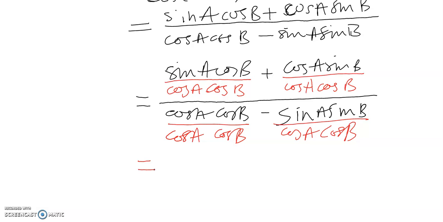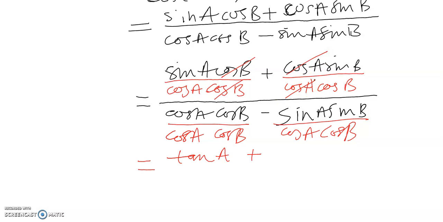In here we see cos A cos B. Dividing cos A cos B is going to give us 1. And up here, I'm going to do some cancellation. We can cancel cos B and cos B. We'll be left with sin A over cos A, and what is sin A over cos A? Obviously tan A. Then we'll bring our plus sign down. Any common factors here? We see cos A and cos A will cancel out.